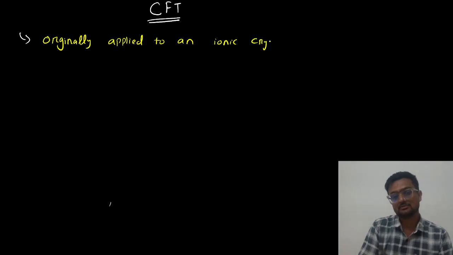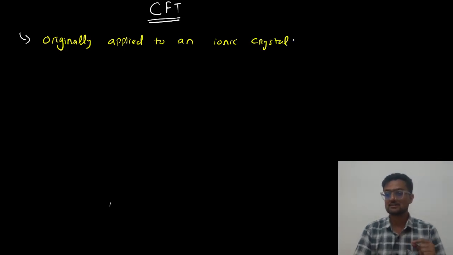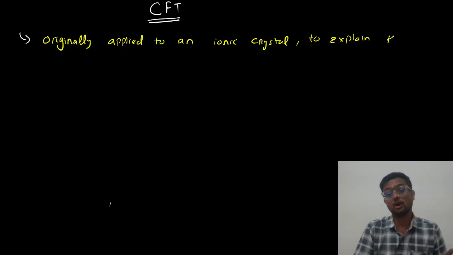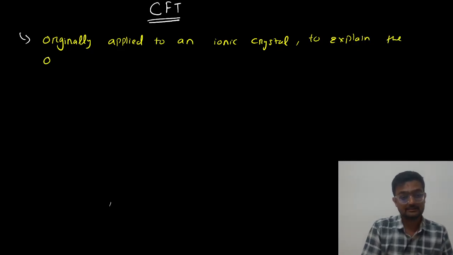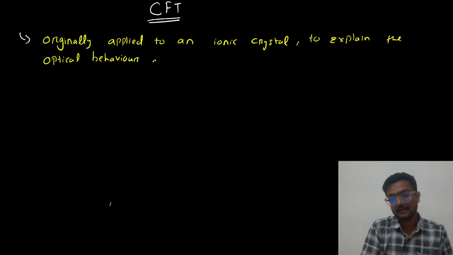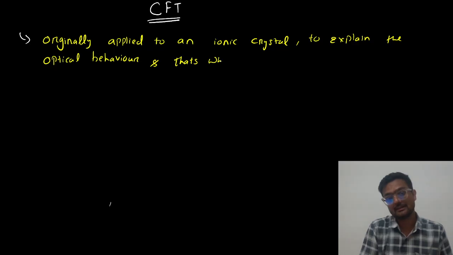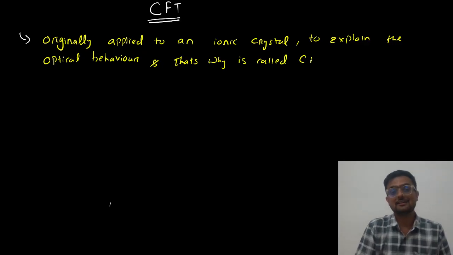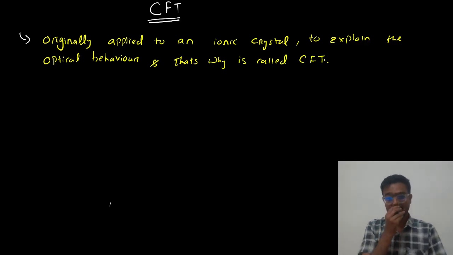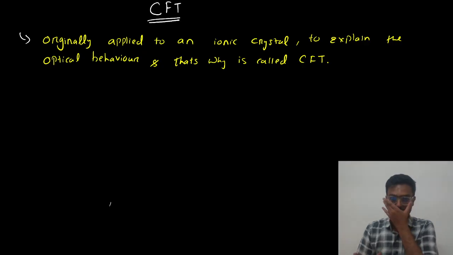It was first applied to an ionic crystal, to explain the optical property, the optical behavior. And that's why it is called crystal field theory. So basically it was applied to an ionic crystal, right?